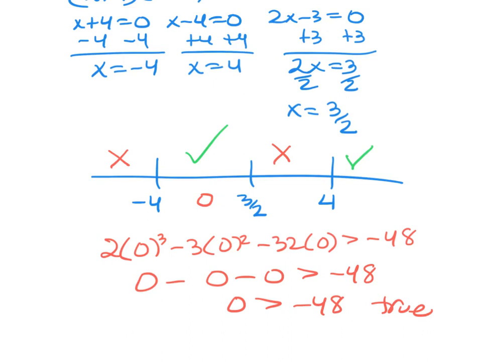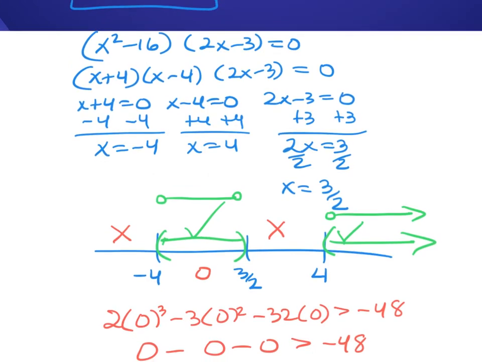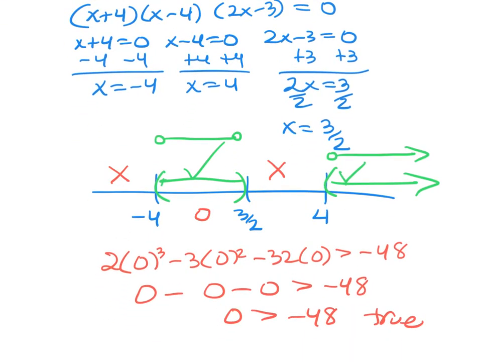So this one, the interval notation, again, if you think about this, the original symbol was just a greater than. So parentheses going this way, or open, going this way. So my interval notation is just use your number line. So for here, it's negative 4 up to the 3/2.